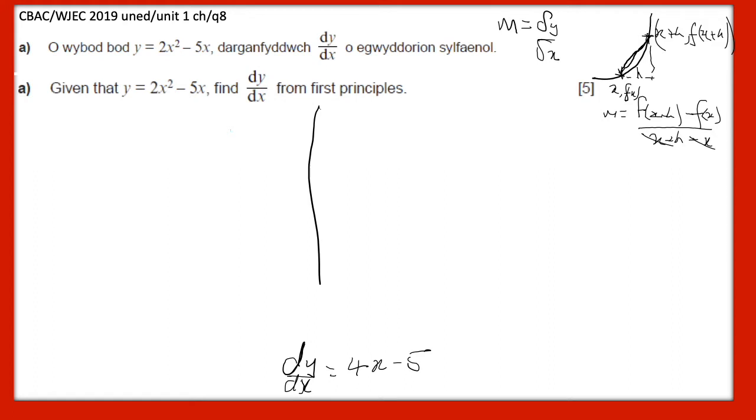So what I would say in this case is y is equal to 2x squared minus 5x, and a small change in y is caused by a small change in x.